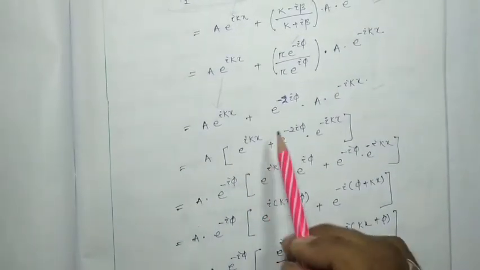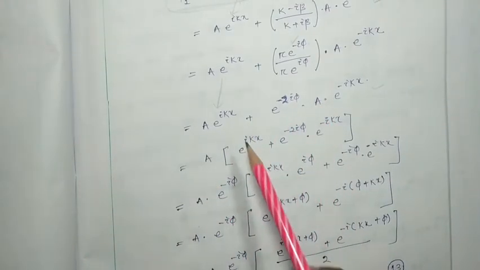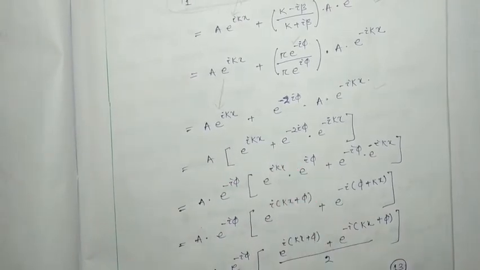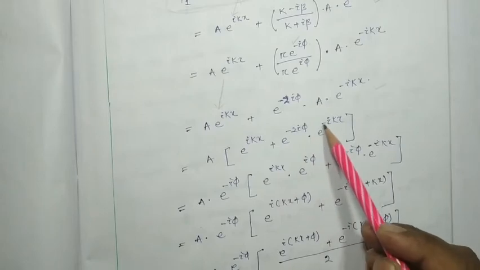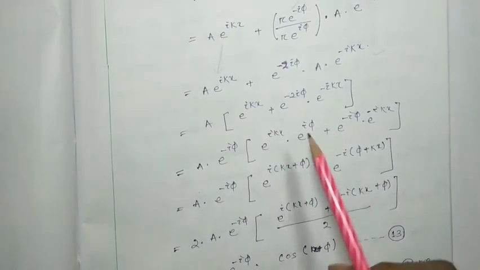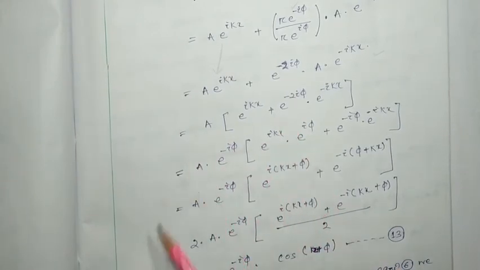Okay. Now you can take a common from these two terms. A bracket starts: e to the power ikx plus e to the power minus 2 i phi into e to the power minus ikx, bracket closed. Now you have to take e to the power minus i phi common from these two terms.